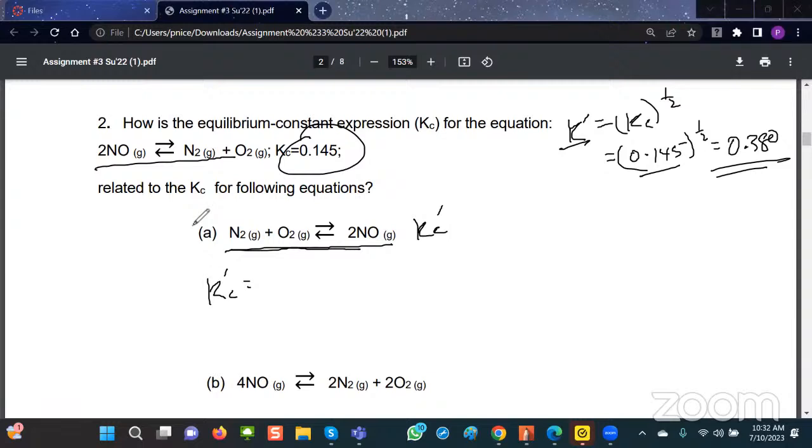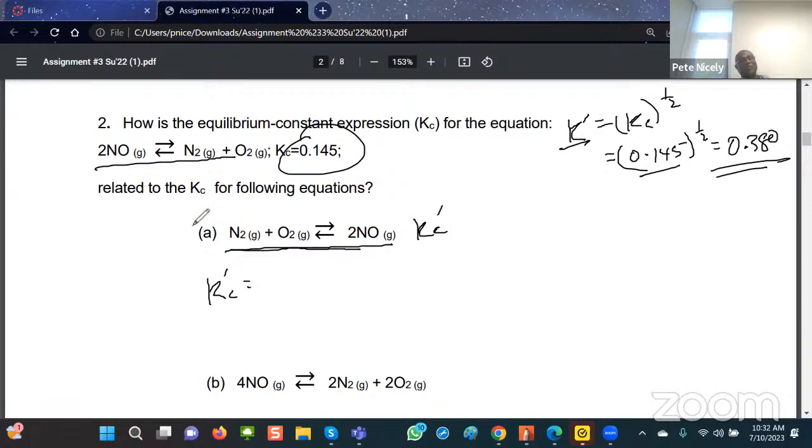The first difference I see is that the products and reactants are reversed. Exactly, very good. So what were the products in the first reaction would be the reactants in the second reaction and vice versa. That's the first difference. What's the second difference?